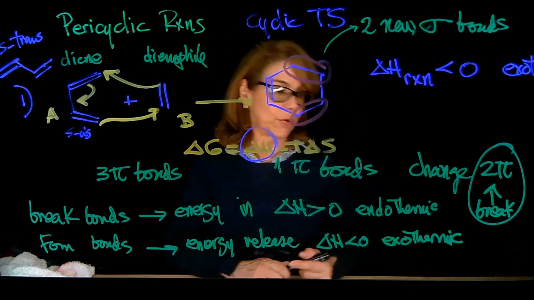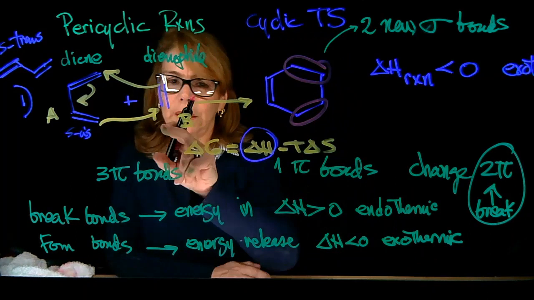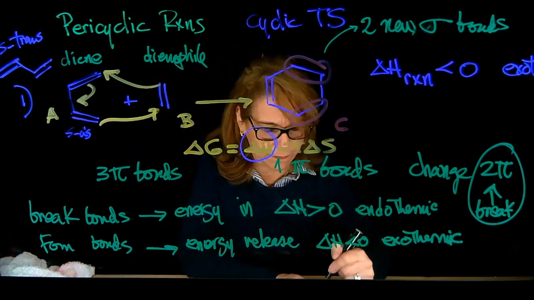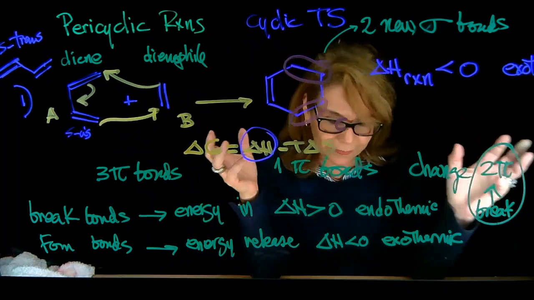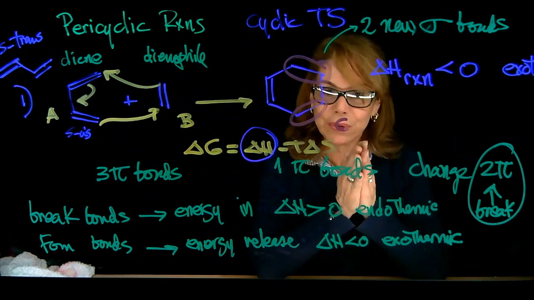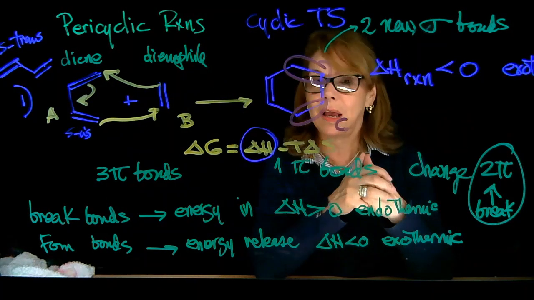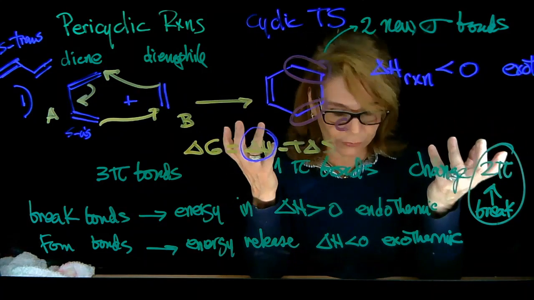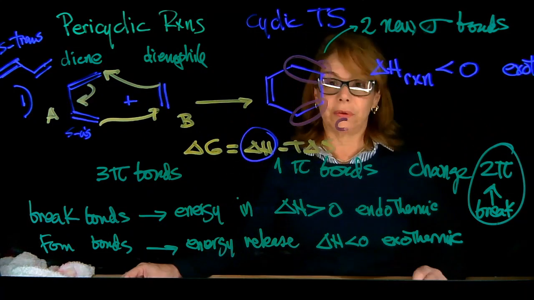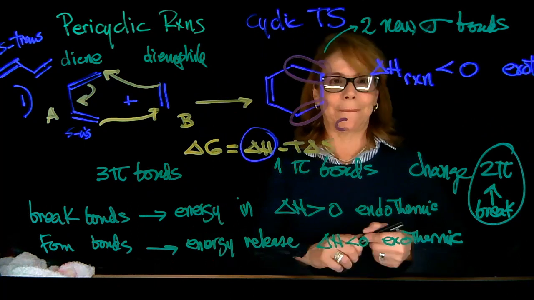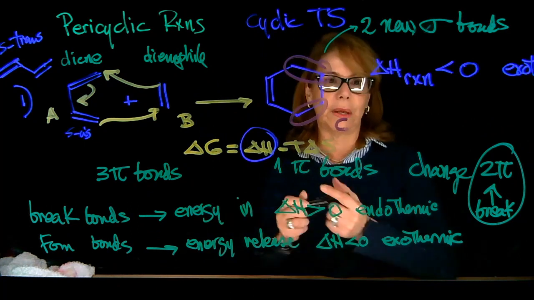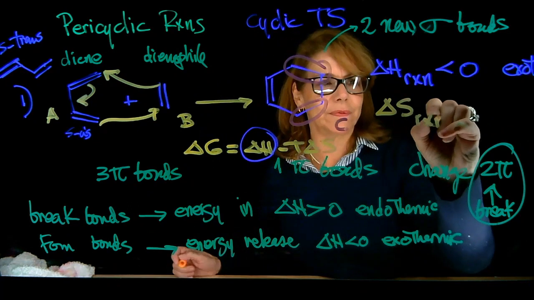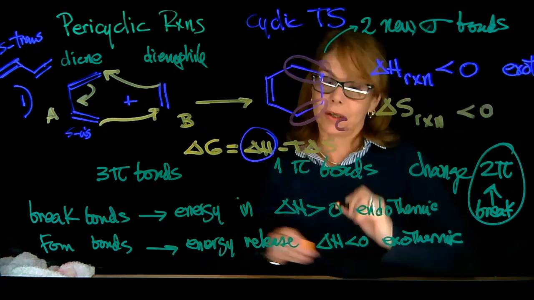Here you have 2 molecules, A and B, combining to give 1 molecule, C. So the number of molecules has decreased, so less translational degrees of freedom. With fewer molecules, the overall entropy of the reaction is decreasing. Delta S of the reaction is negative.